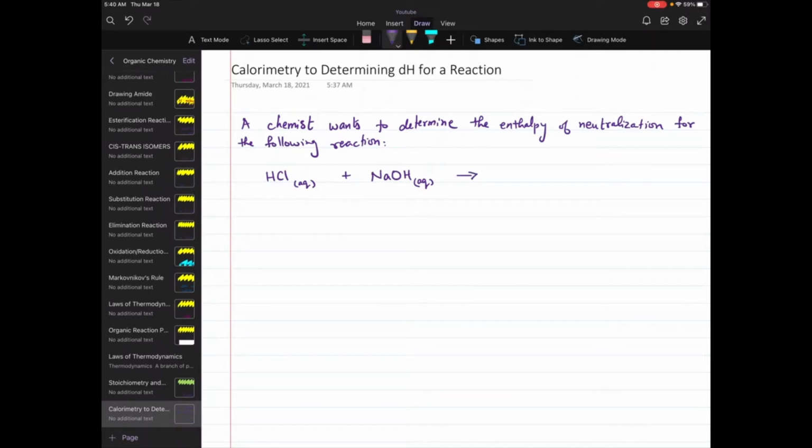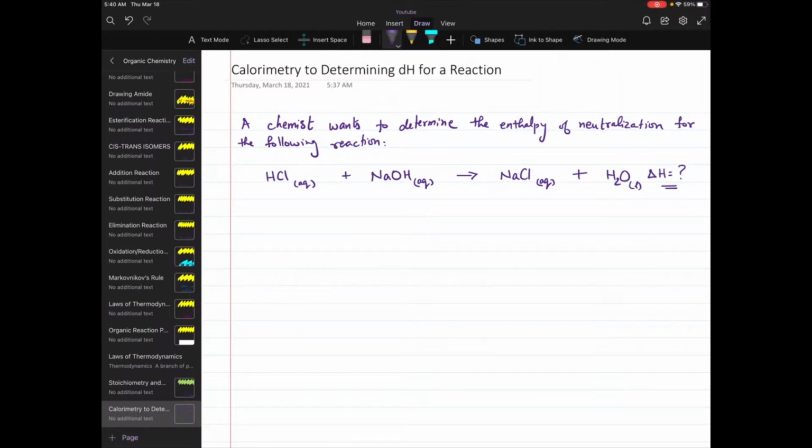In this case, the salt is going to be NaCl, in water again because this reaction is taking place in water, plus H2O, which is water, in the liquid form. What we are trying to do is find the delta H for this reaction. How much is it? That is what we're going to try to find.